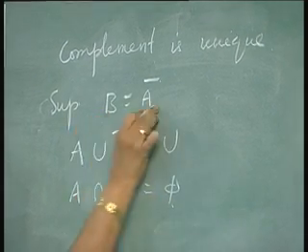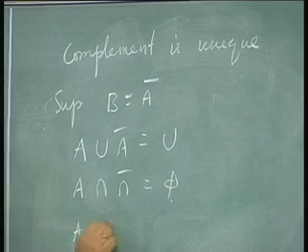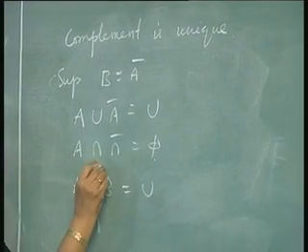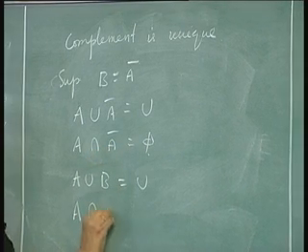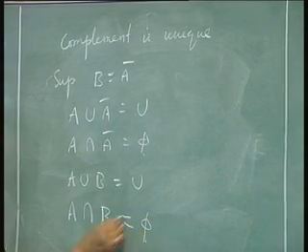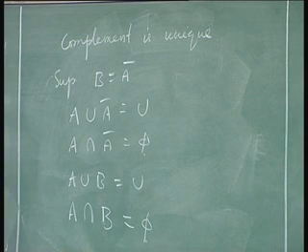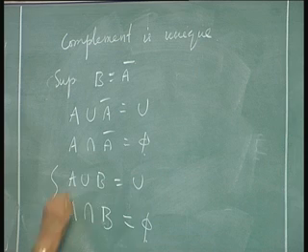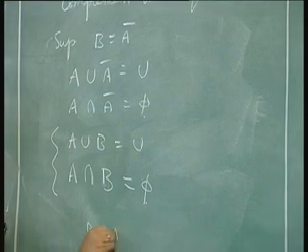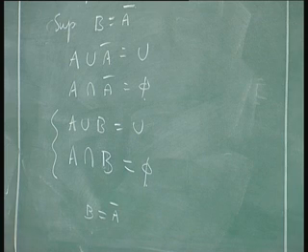Now, we know that B is A bar. So, A union B is equal to U and A intersection B is empty. The other way around, we have to prove that if these are true, that would imply B is equal to A bar.